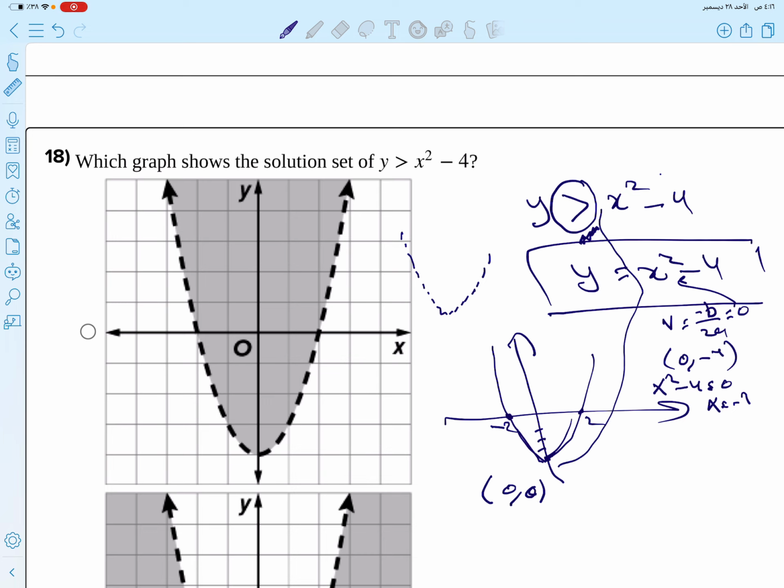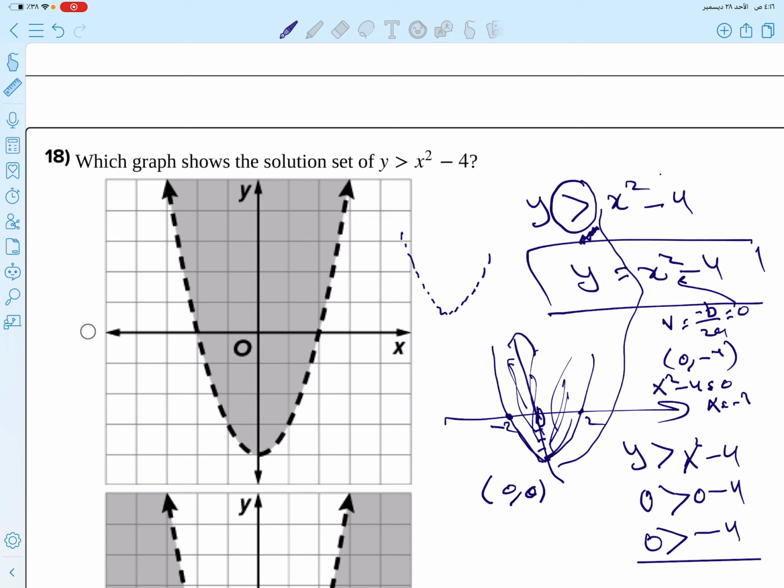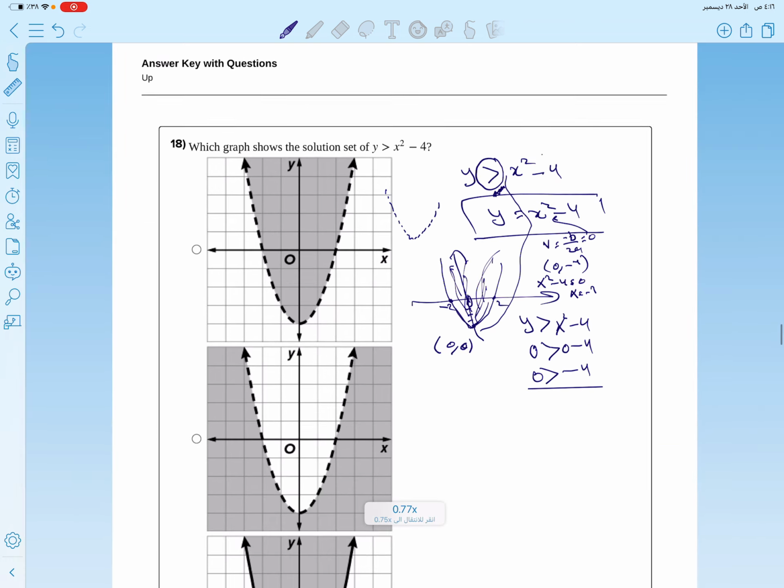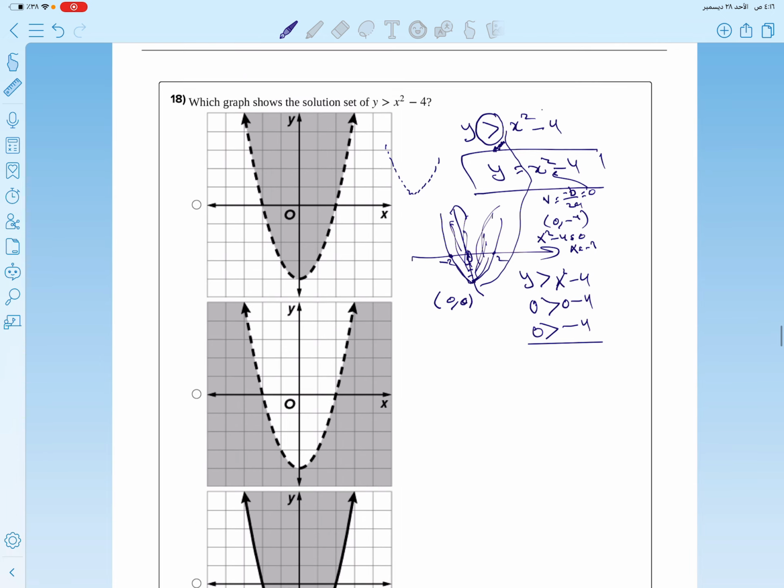Like y greater than x squared minus 4: 0 greater than 0 minus 4. So 0 greater than negative 4 is correct. So the solution will be inside the parabola, and the answer, where is the answer here?